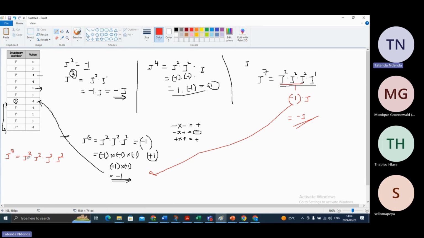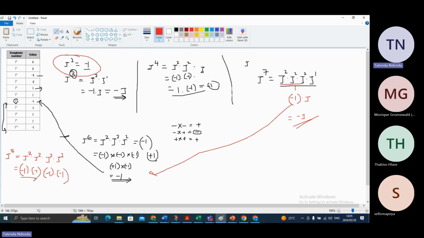So now we know that J squared is equivalent to what? What is the value of J squared? When they give you J squared, what would be the answer to that? It's negative 1, guys, isn't it? We said J squared here is equivalent to negative 1. So here it's going to be negative 1 multiplied by negative 1 multiplied by negative 1 multiplied by negative 1, like this.